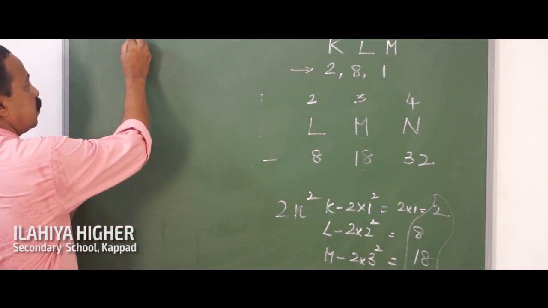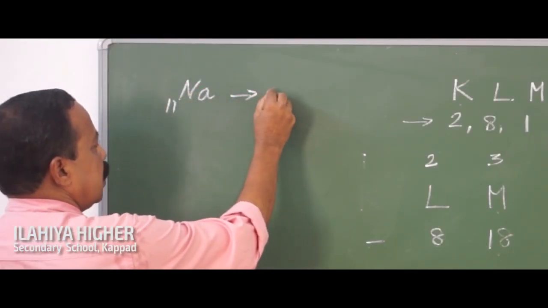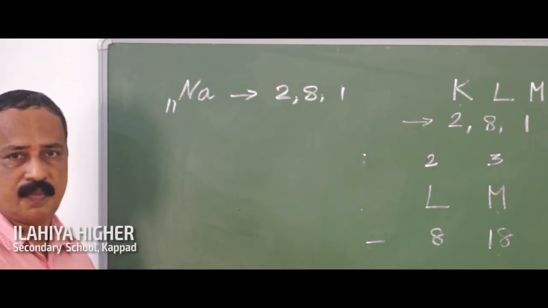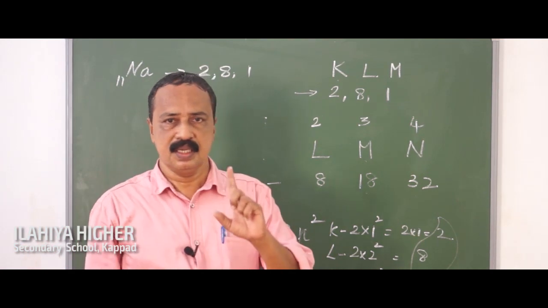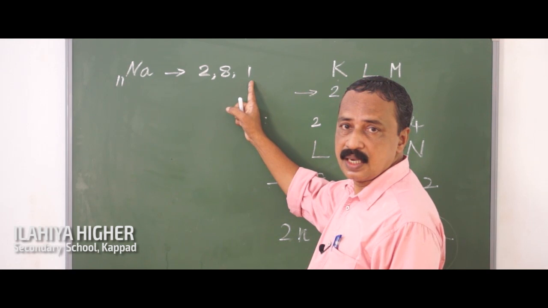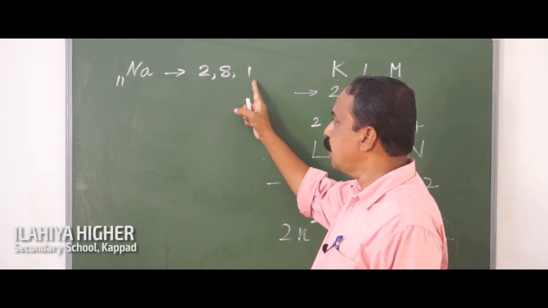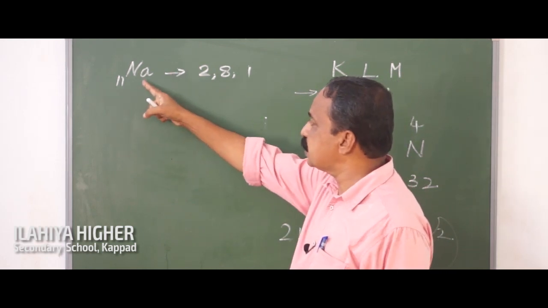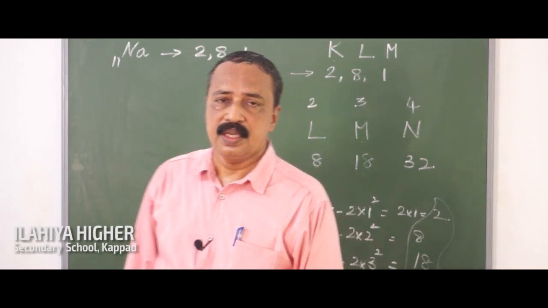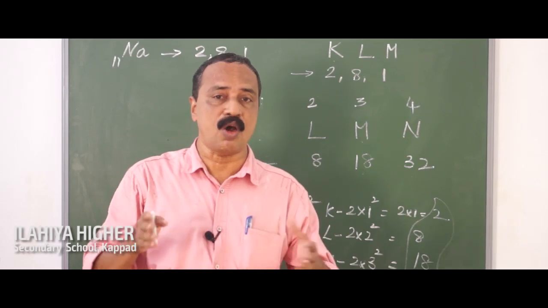Observe this. The atomic number of sodium is 11, the electronic configuration is 2, 8, 1. K shell contains 2, L shell 8 and M shell 1 electron. From this electronic configuration, we can find out in which group and which period this element belongs.